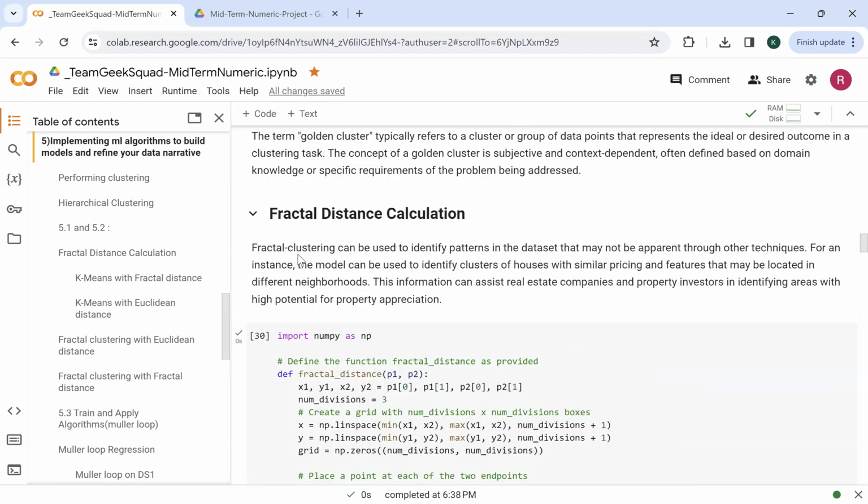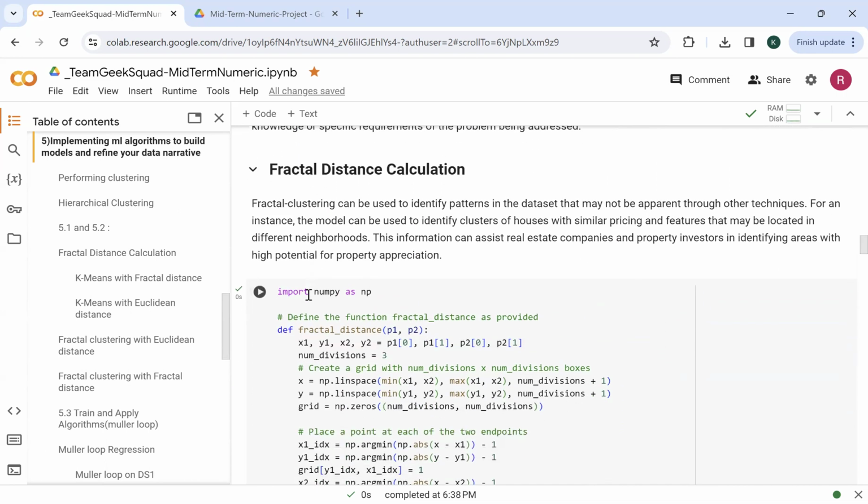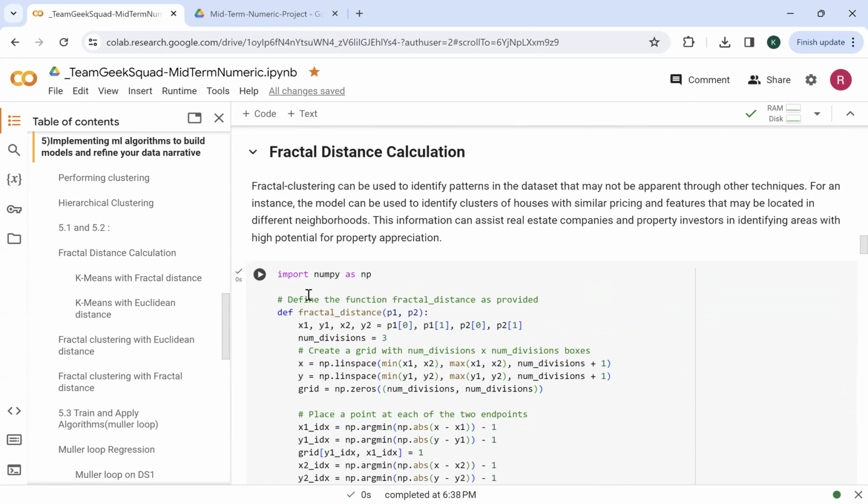Then next, after this, we have found the golden cluster using the fractal distance calculation. For the k-means, we worked with the fractal distance and Euclidean distance too. Here, fractal distance clustering is used to identify patterns in the dataset that may not be apparent through other techniques.